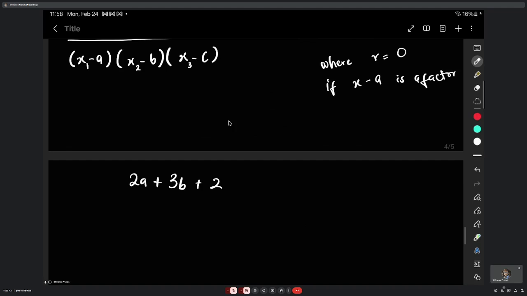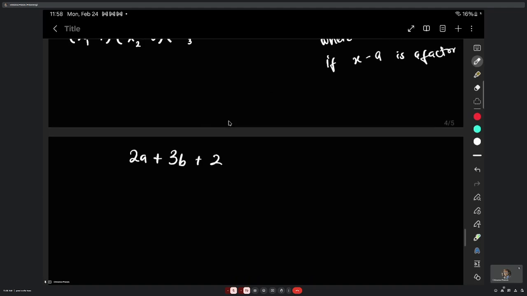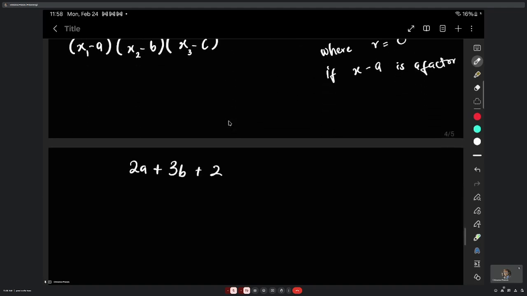Okay, so let's see. These are polynomials, right? 2a plus 3b plus 2. And let's say our a is 10 and our b is 15, right? But this is not factorizing.